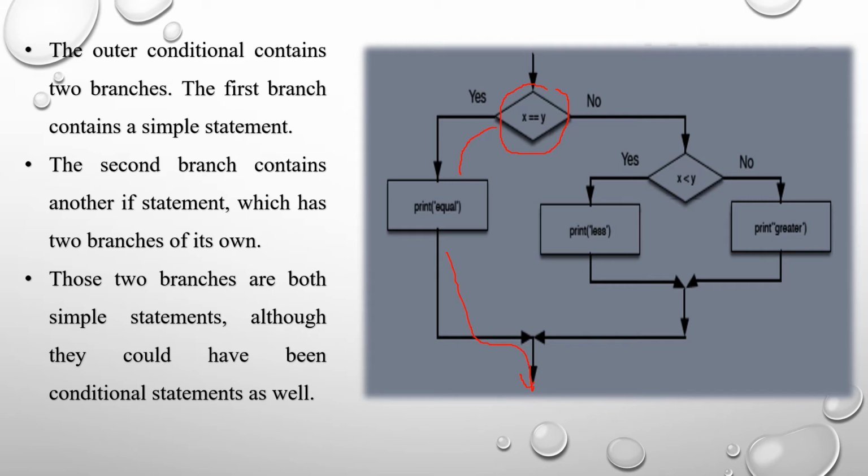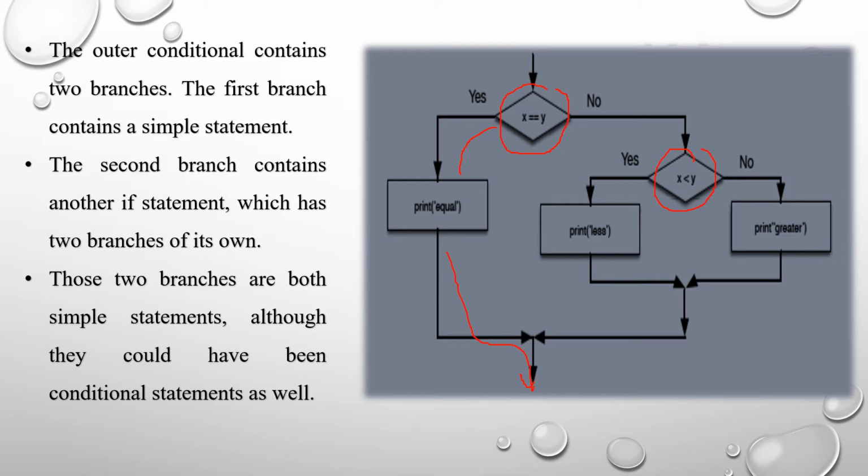If x is equal to y is false, then the Python interpreter is going to check the inner branches. So this is the outer conditional and this is the inner conditional, and these are the branches. Here we declare one more condition, the inner condition, x less than y.